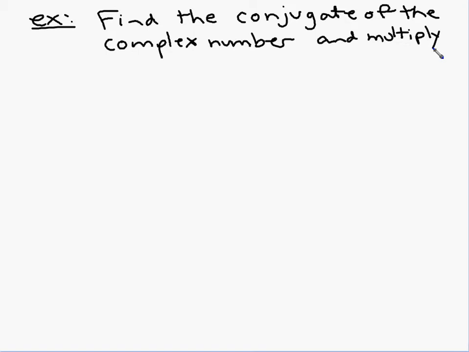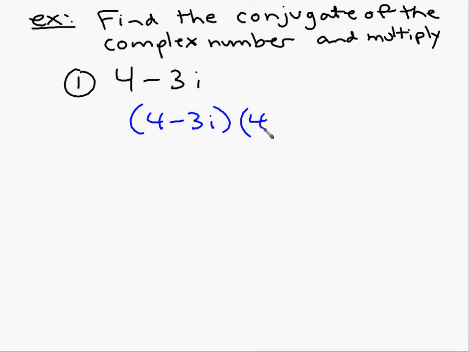So they'll give you some easy ones, like this one, 4 minus 3i. All right? So what's the conjugate of 4 minus 3i? Yeah, 4 plus 3i. No tricks. It's 4 plus 3i. So this right here is what we would call the conjugate of 4 minus 3i. Okay?